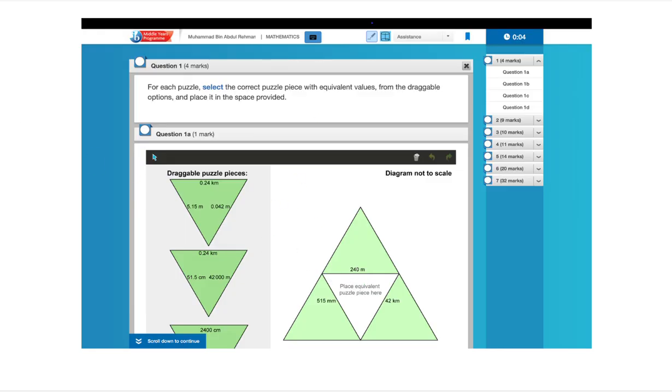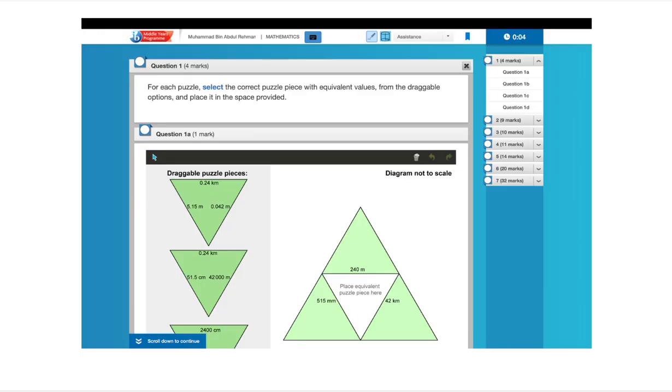Whenever there is a multiple choice type of question, try your best to eliminate the wrong options first. So what do we do in this case? Of course, if we have to convert 240 meters into kilometers, we divide it by 1,000.